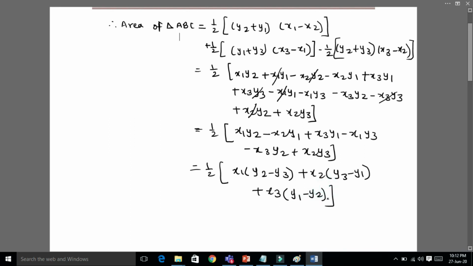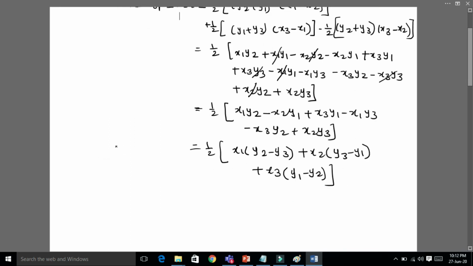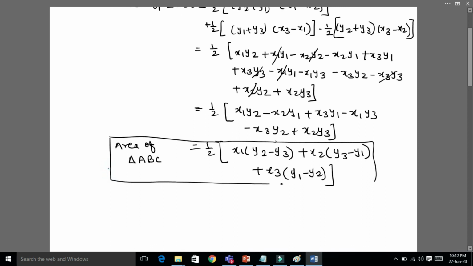So this is the formula for finding the area of triangle ABC whenever you know the coordinates of the three vertices of a triangle: area of triangle ABC is equal to half in bracket x1 into bracket y2 minus y3 plus x2 in bracket y3 minus y1 plus x3 in bracket y1 minus y2.